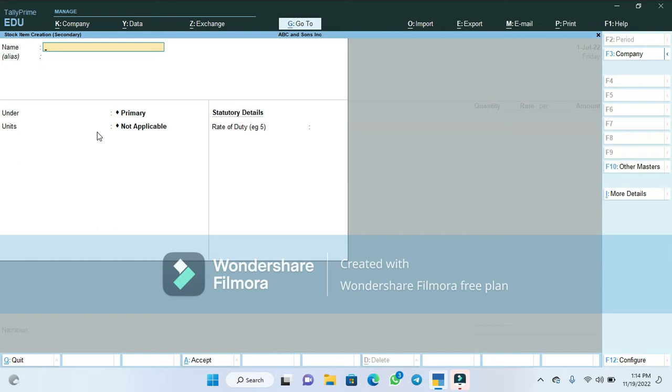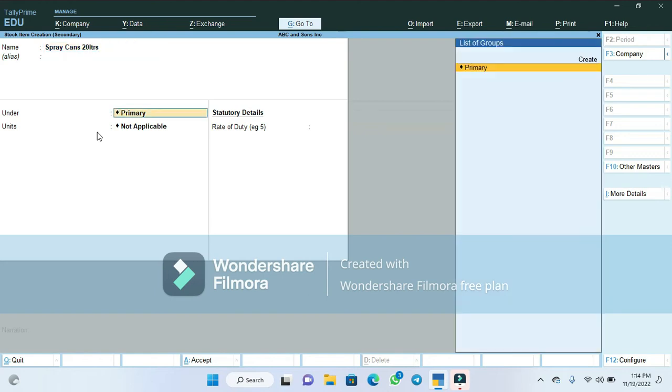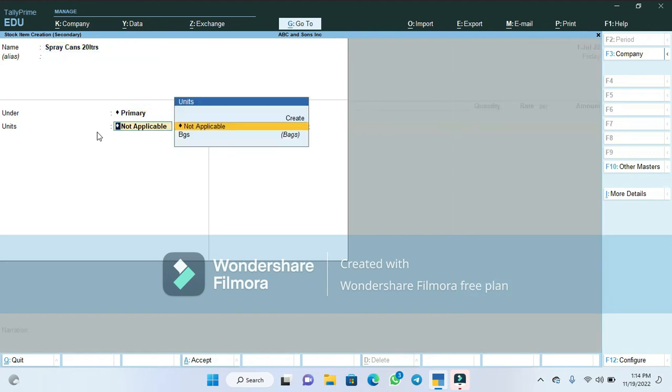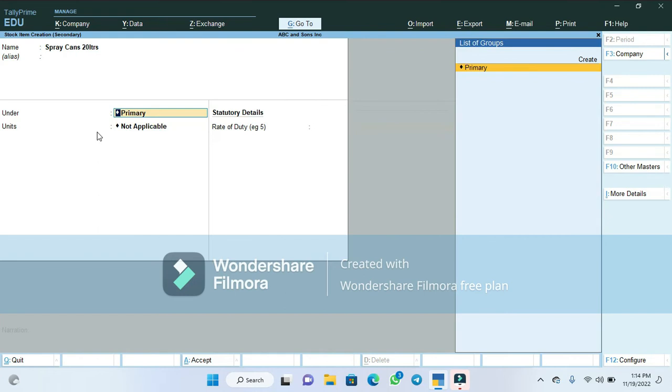Or to make it more interesting, let me use something we are more familiar with. Spray cans. And maybe I want to make it more understandable. Spray cans 20 liters, under primary units.